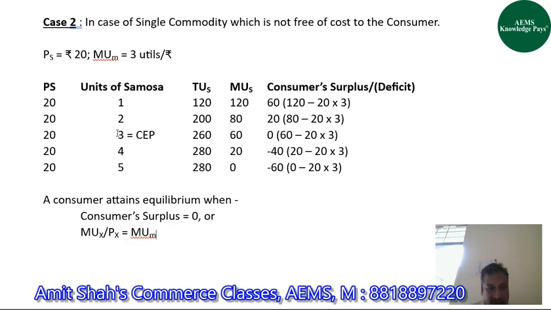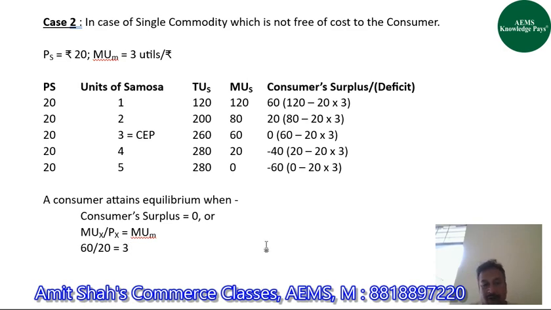What is MUX here at the point of equilibrium? MU is 60, divided by price, which is 20. And 60 divided by 20 is 3. And that is equivalent to consumer's equilibrium, that is 3 utiles per rupee.